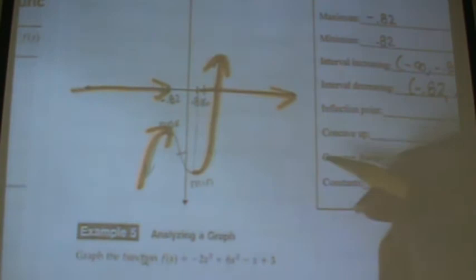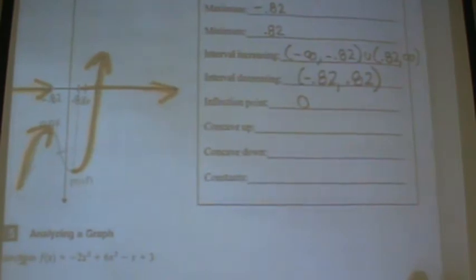Our inflection point is the number right in between, and I didn't draw my graph very well, but it should be right in the middle. What is the halfway number between here and here? It's 0. Is it gonna always work out that way? No. So, how do you get the inflection point?